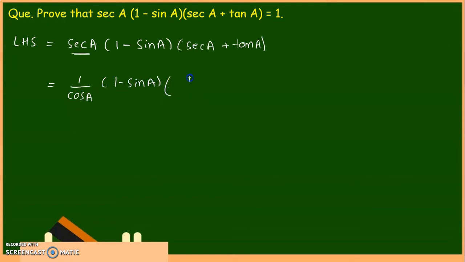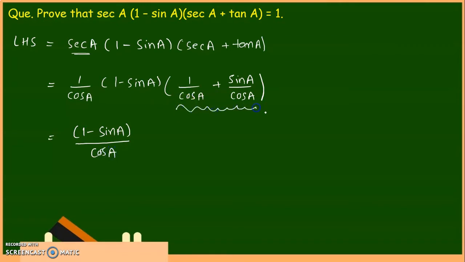Here sec A can be written as 1 upon cos A plus this tan A. So tan A is the ratio of sine A and cos A. Now here this will be as it is, this 1 minus sine A divided by cos A. This is 1 minus sine A. In the denominator we have cos A.